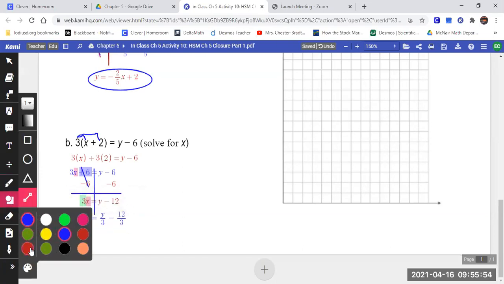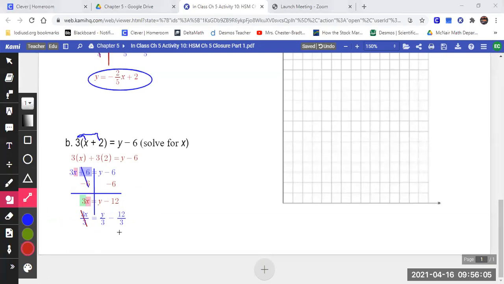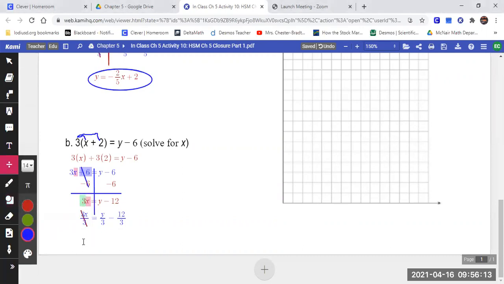Okay? So, x is alone, right? Okay, so I just have an x, and then I have to go look at what the other side says, right?